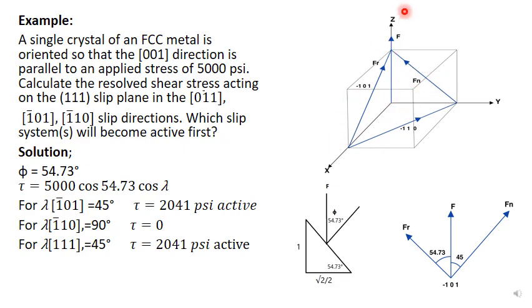Phi is the angle between the normal on the plane and the force. The force is in this direction, and the normal of the plane, let's say, starts from the origin. Any normal of the plane, the 111 plane in an FCC or cubic crystal, has to start from the origin and end at this corner. So it's here.